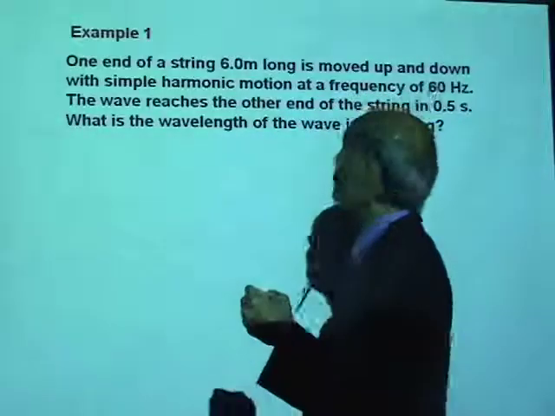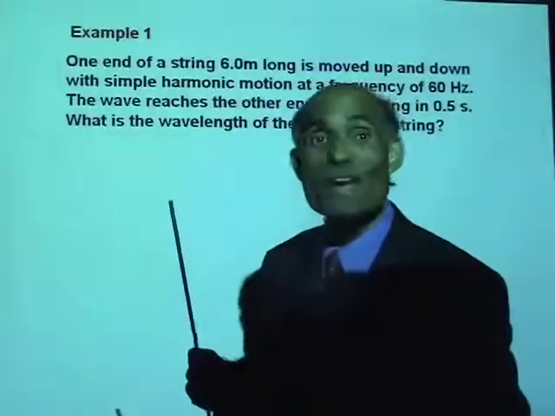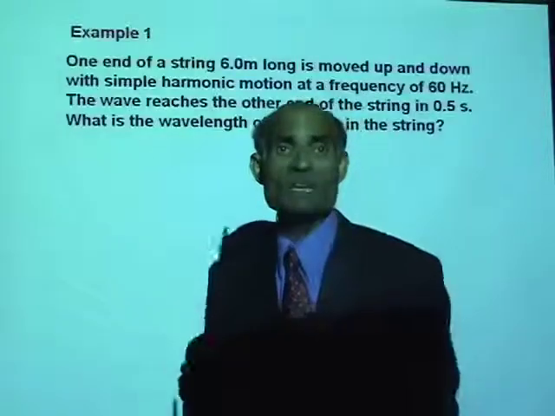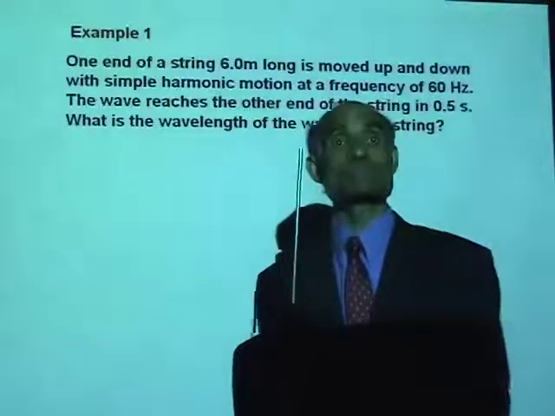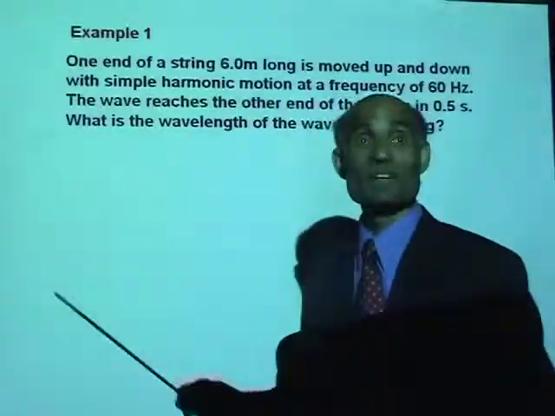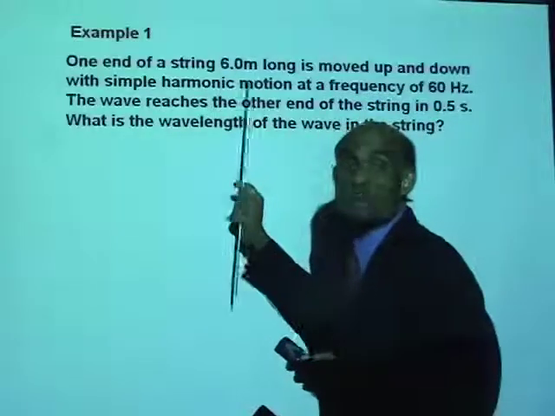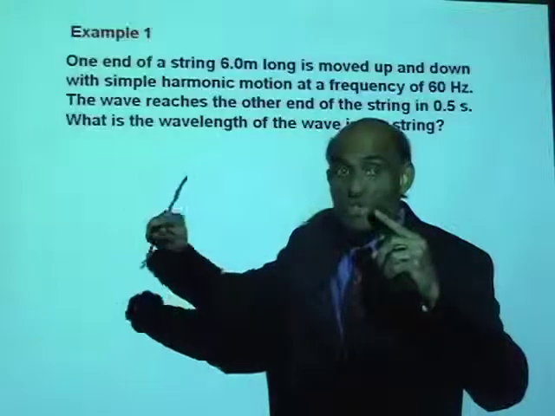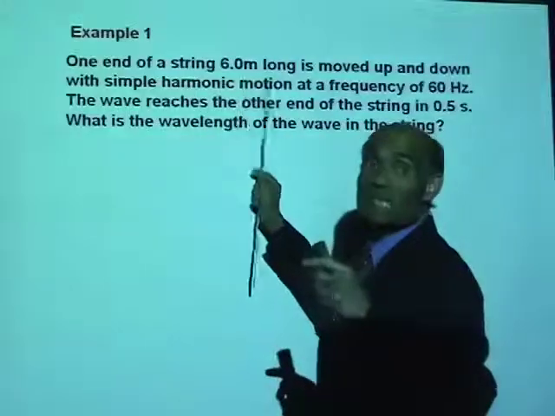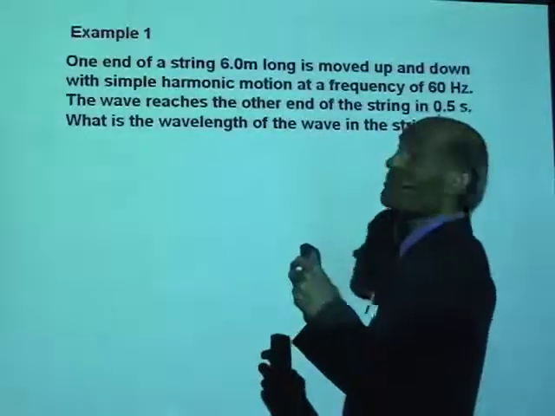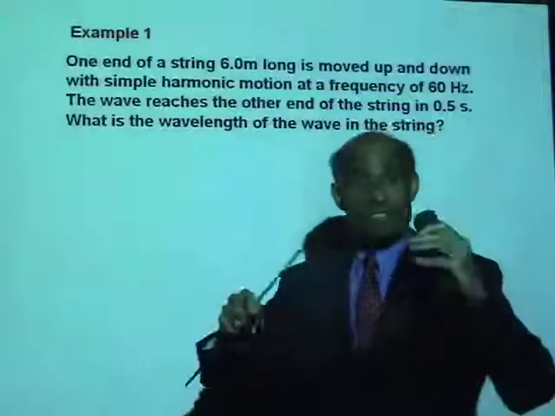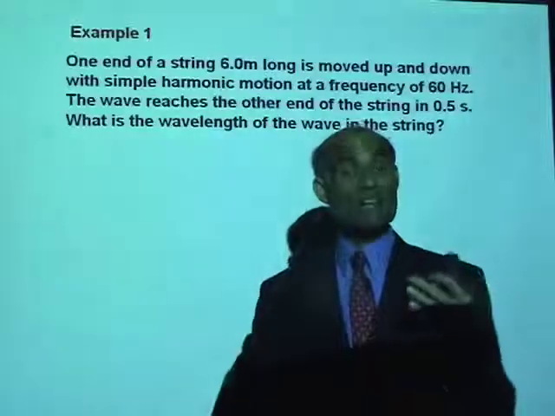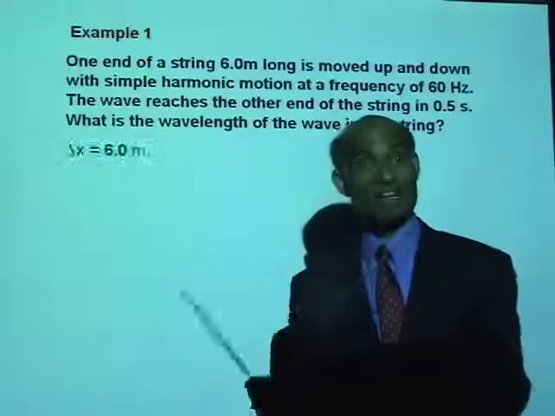I've got the frequency. Is there any way I can find the wave speed from the given information? Yes. A length 6 meter, the energy of the pulse travels a distance of 6 meter in 0.5 seconds. Distance traveled is given, the time is given, we can calculate the speed.